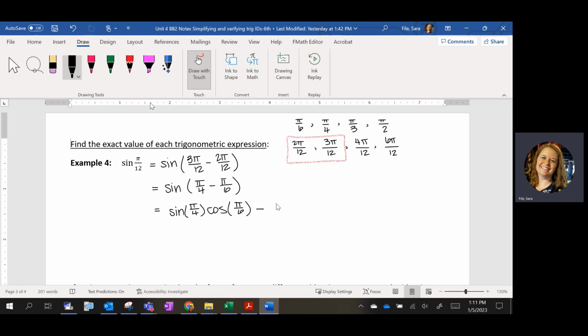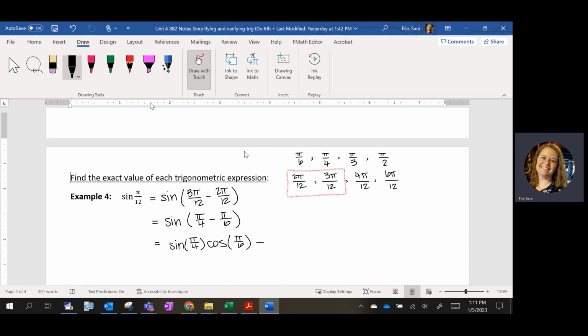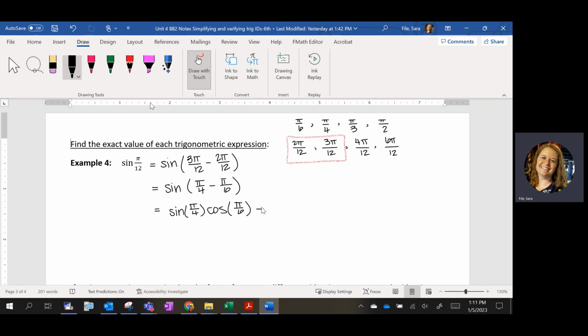And then you can write cosine of pi fourths or sine of pi sixths first, it doesn't matter. The formula has sine, cosine, and then cosine, sine, because it keeps the angles in the same order, UV, UV. I tend to write sine, cosine, but it doesn't matter because when you're finding the product, it doesn't matter what order you multiply in, right? So you can do whichever you prefer.